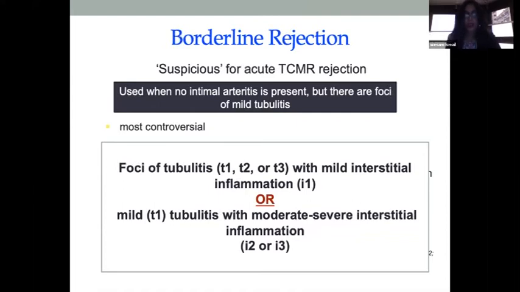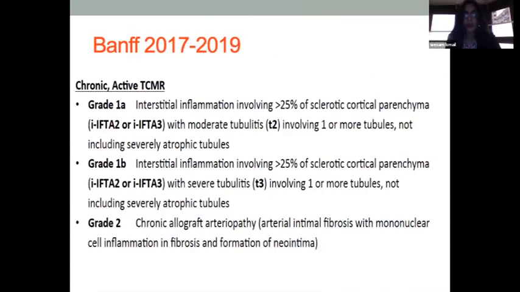In relation to the chronic active form of T-cell mediated rejection, since 2017 we have subclassified this form, and the criteria were refined in 2019. And now we have a formal category known as chronic active T-cell mediated rejection. This type of rejection is classified into two grades.